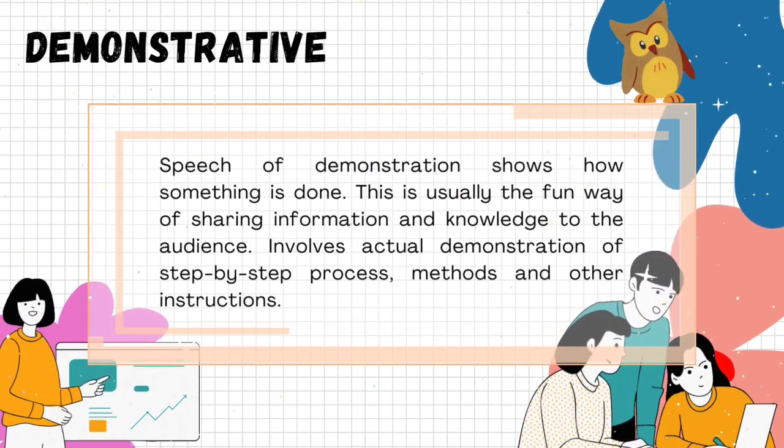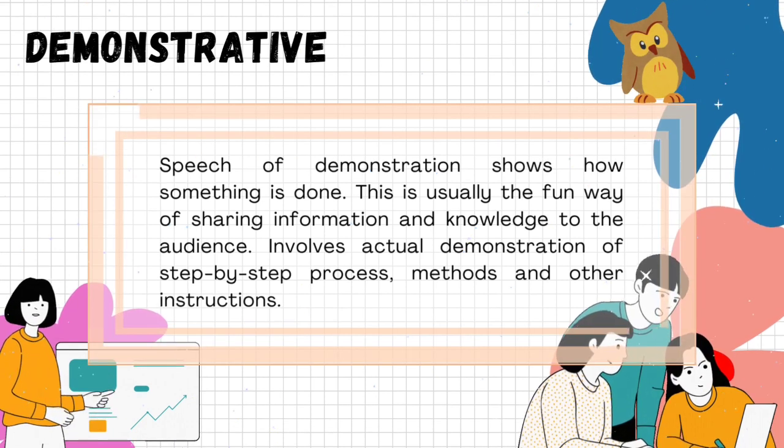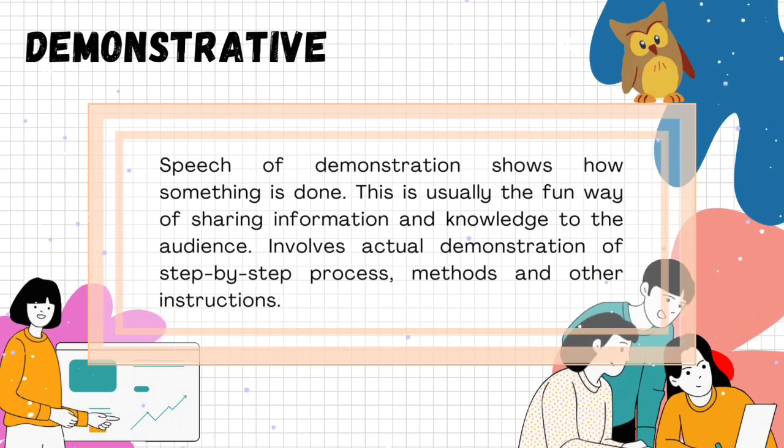Here are the steps in making a demonstration speech. First, choose an appropriate topic. You need to pick a specific how-to, like how to cook adobo or how to ride a bicycle or how to dribble. It's important to choose a topic that isn't too narrow or too broad.